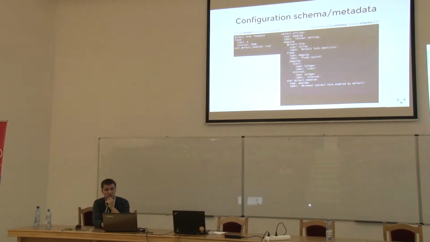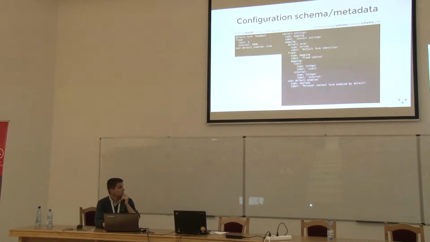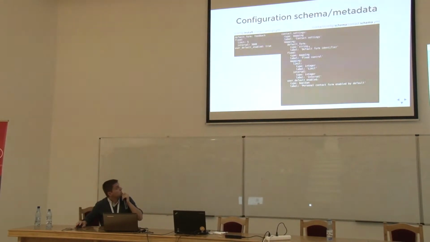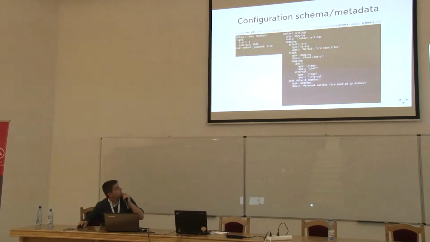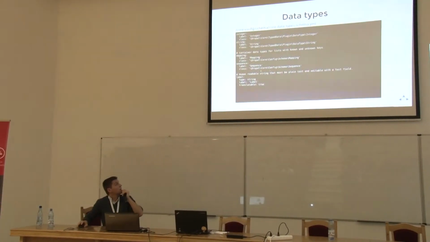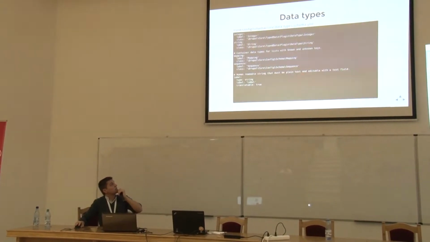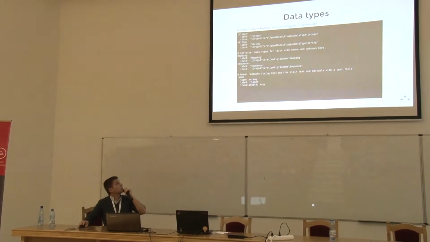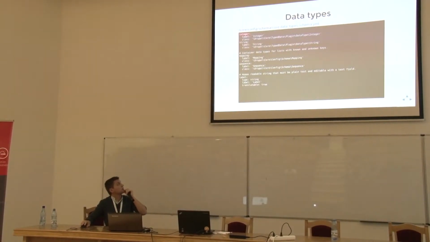About the multilingual support, as you saw in the schema, we have types. For example, mapping, string, integer, boolean, and so on. So what does that mean? In the core, there is a data types schema file where all the types are defined.